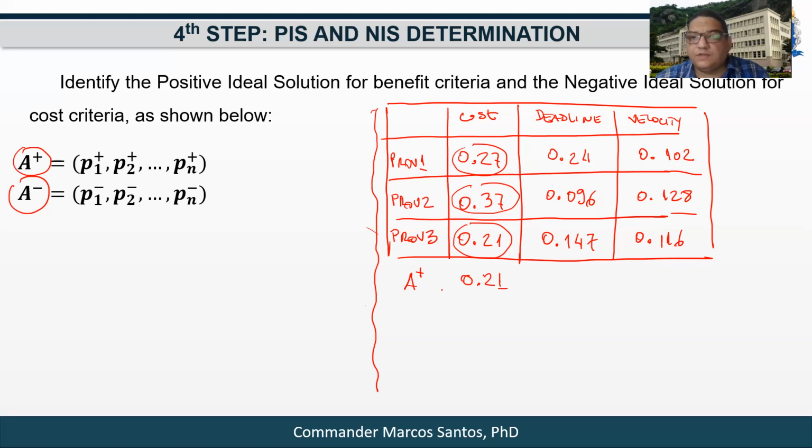Why? Because cost is a cost criterion. I wish low values.